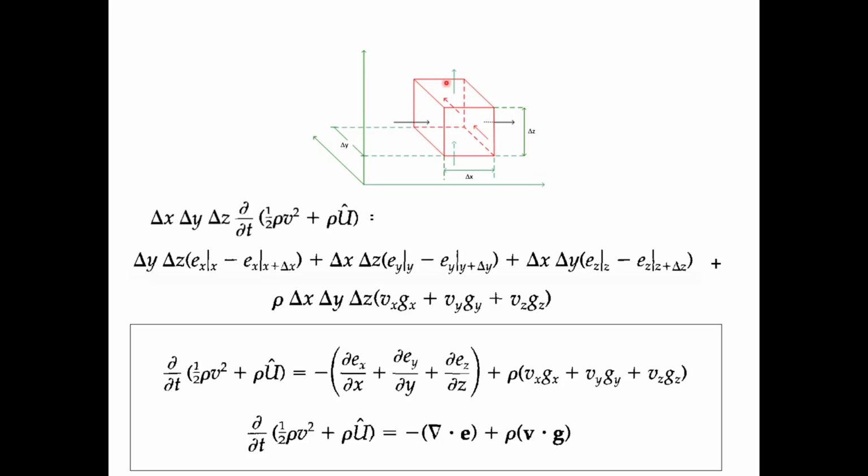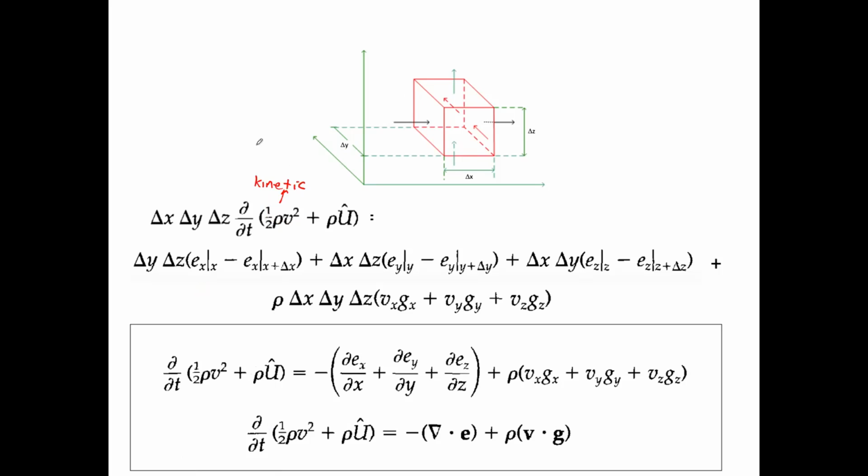Okay, so we have to calculate the heat rate per volume. The heat rate per volume is defined by the kinetic energy, which is half m v squared. So this one is kinetic energy.